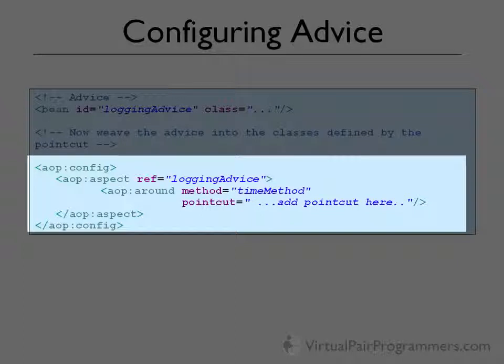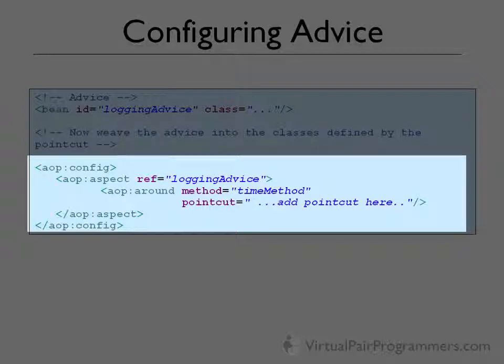It's just that we don't have to manually and laboriously declare those proxies anymore. The block of code you can see here that I'm highlighting is doing all of the work that we had in lots more lines of XML previously. Let's go through it all. First of all, I'm telling Spring that I have an aspect, and the ref is pointing to the advice class that I'm talking about.